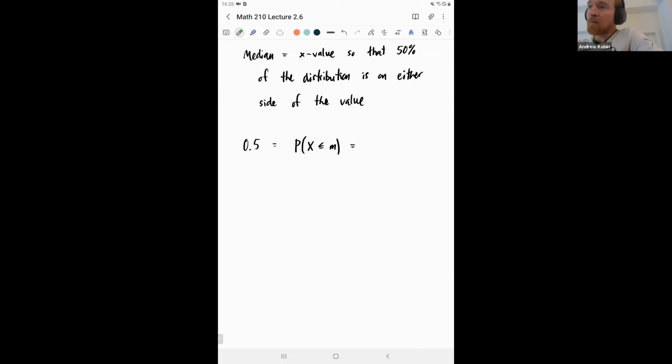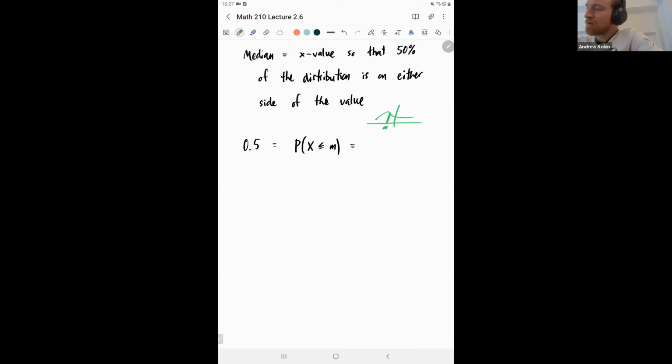Let's set our probability that the random variable lies to the left of our median. I'm going to call the median M. Let's set that probability equal to 50%, or 0.5. So whatever M is, when we compute the probability that, here's our graph.